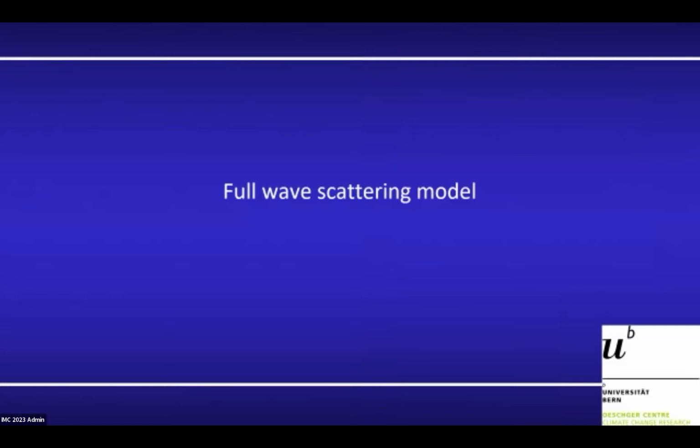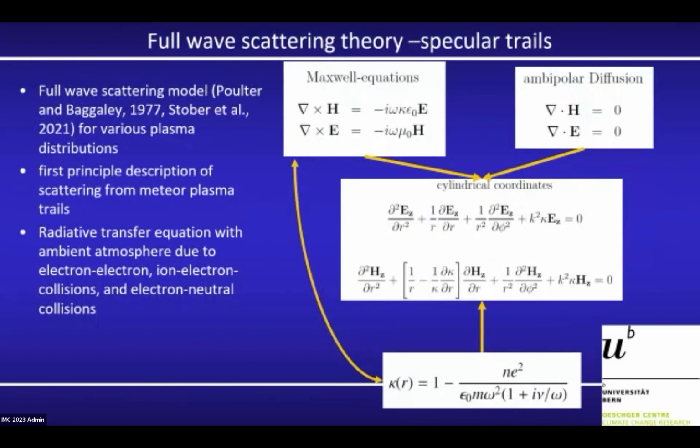And this is done with a full wave scattering model. I will not bother you too much about this, but the main principle is that we now try a first principle solution from the Maxwell equations to attack this issue. I guess everyone has known or at least seen the Maxwell equations, and one can derive with a simple assumption about a cylindrical geometry, so that the plasma is radially diffusing in the trail, a set of equations, which is shown here.